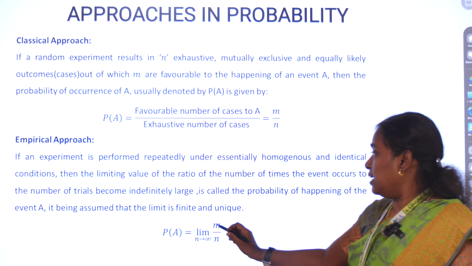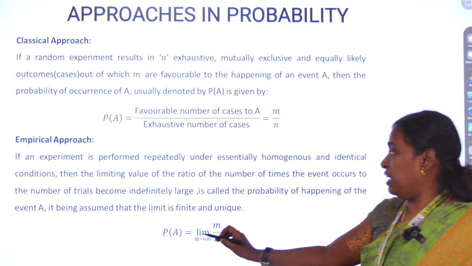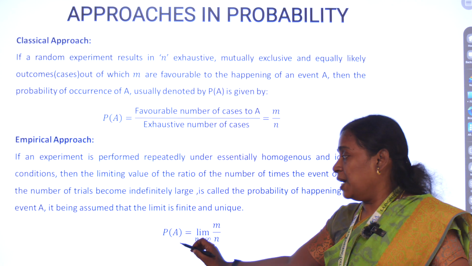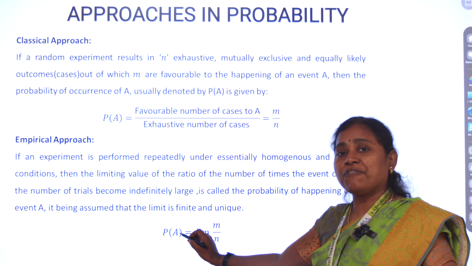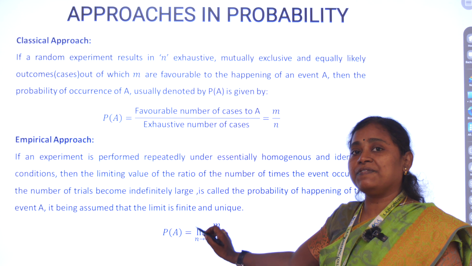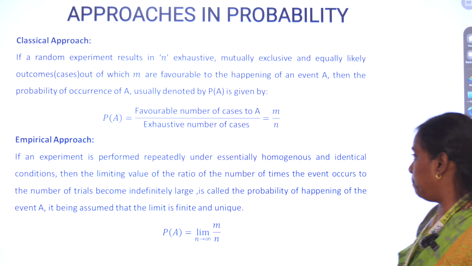The probability of happening of an event is represented as P(A) equal to limit n tends to infinity of m divided by n.